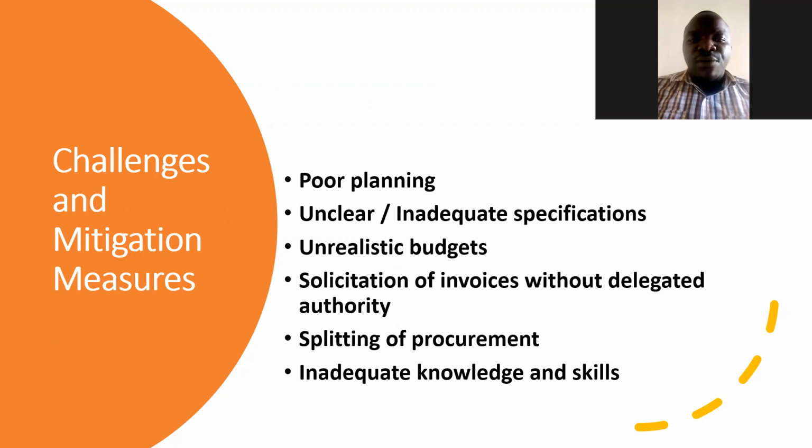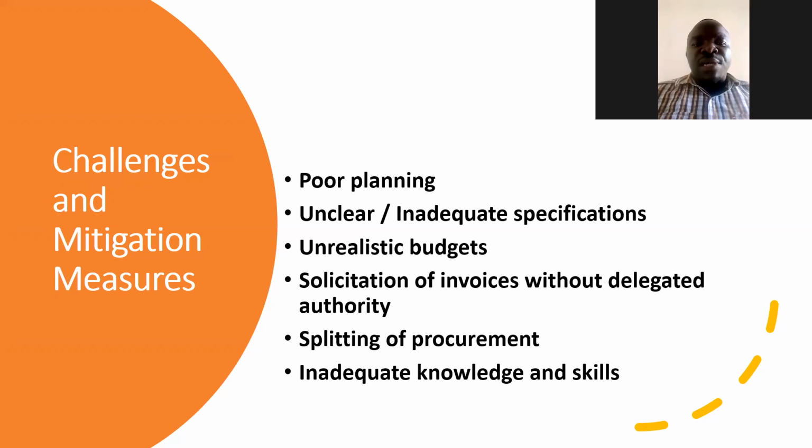I'm called Gomanja Godfrey, and I'm going to discuss the challenges and mitigation measures faced during the procurement processes by the user departments. First and foremost, we have a number of challenges, but specifically, I'm going to talk about two challenges. The first challenge is poor planning.